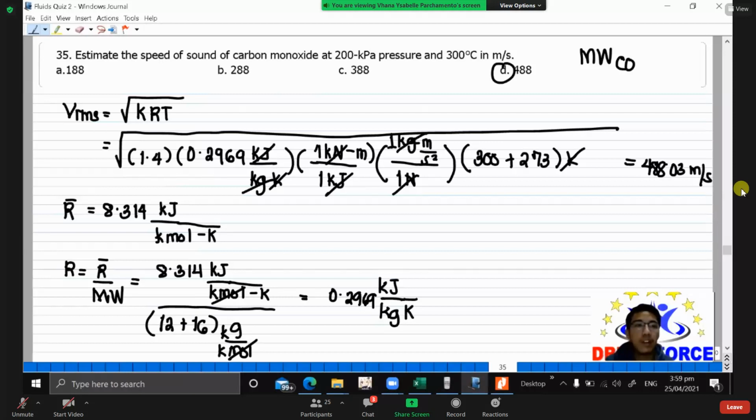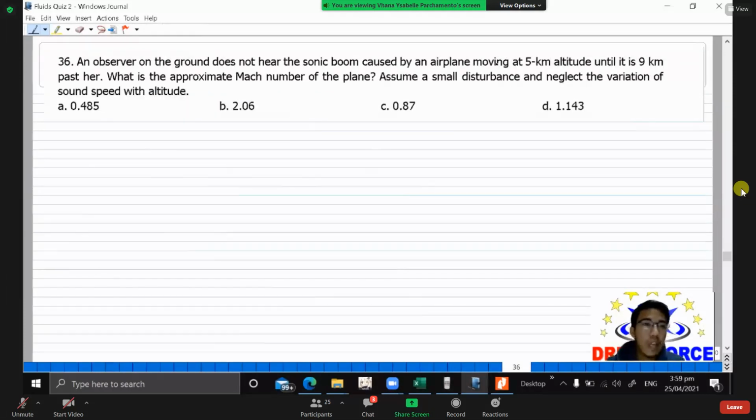Okay. Next number, number 36. An observer on the ground does not hear the sonic boom caused by an airplane moving at 5 kilometers altitude until it is 9 kilometers farther. What is the approximate Mach number of the plane? Assume a small disturbance and neglect the variation of sound speed with altitude.